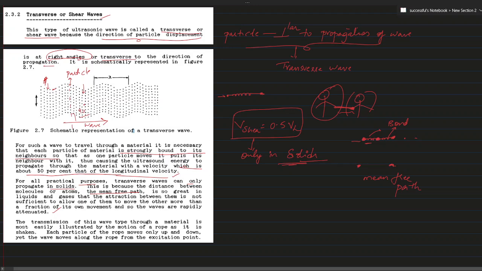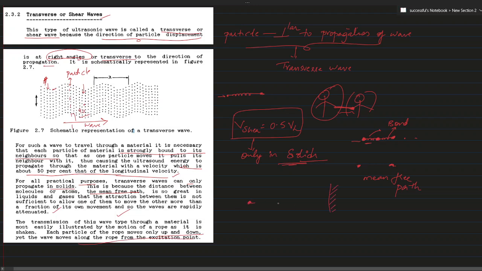The transmission of this wave type through a material is most easily illustrated by the motion of a rope. As the rope is shaken, each particle of the rope moves only up and down, and the wave moves along the rope from the excitation point.